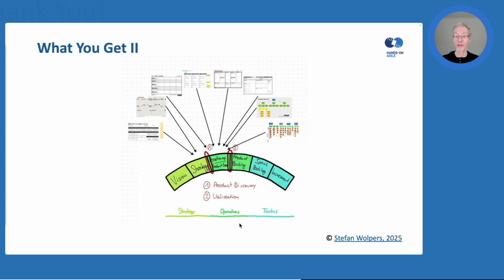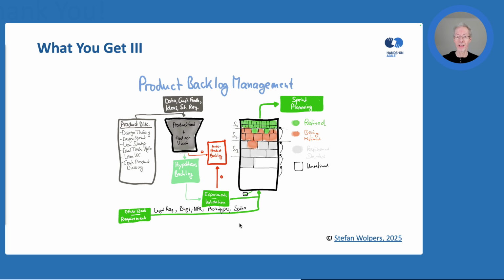So we will delve into 8 tools I suggest to create alignment with stakeholders and team members. And we're also scratching a bit the surface of product discovery here. It's proven to be really helpful for people to understand what your job as a product owner / product manager actually comprises.